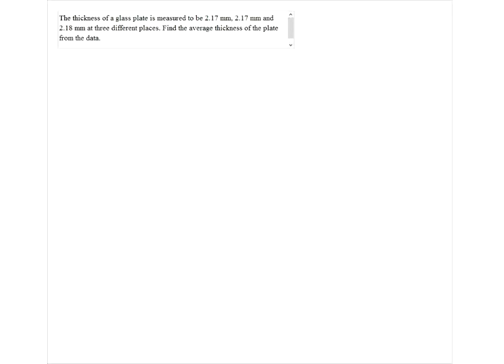Let me check. 2.17 is the answer that I have. Millimeters. Now here when you divide by 3, 3 is the sure number, right? 3 is a sure number. If anybody would like this to be discussed on the board, then raise your hand.